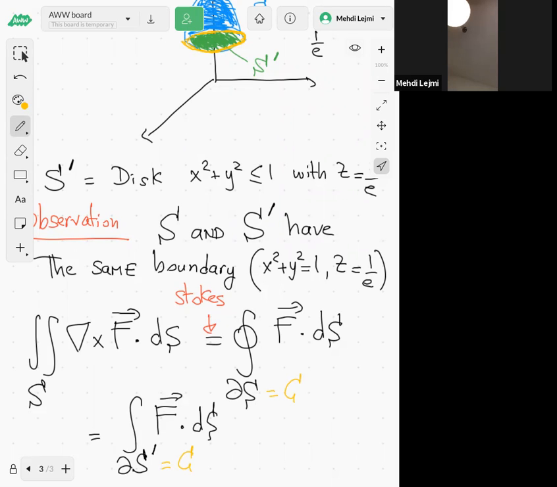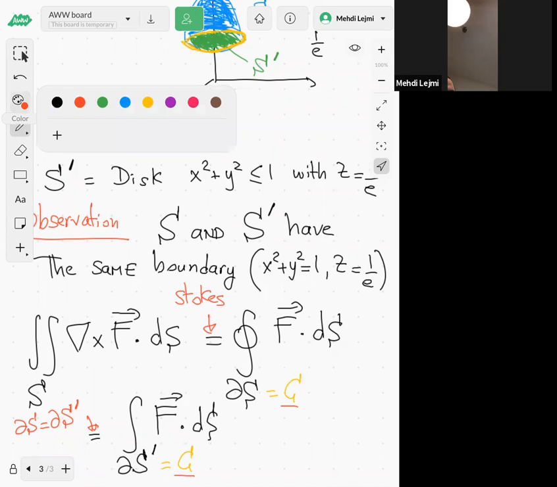You're integrating the vector field F along the same curve C, which is the boundary of two different surfaces. So your integral is along this circle, x squared plus y squared equals 1 with z equals 1 over e.